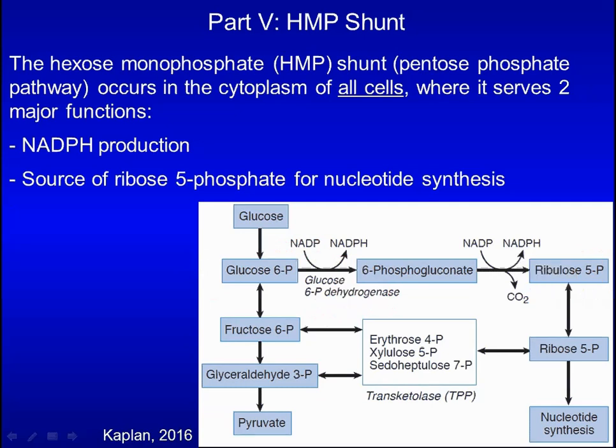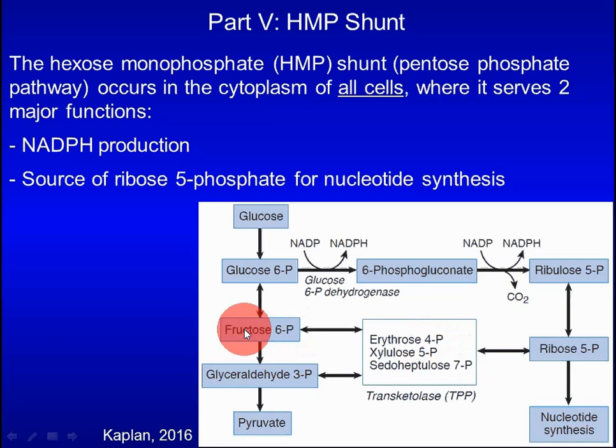The second part of the pathway, beginning with ribulose 5-phosphate, represents a series of reversible reactions that produce a pool of sugars for biosynthesis, including ribose 5-phosphate for nucleotide synthesis. Because fructose 6-phosphate and glyceraldehyde 3-phosphate are among the sugars produced, intermediates can feed back into glycolysis.